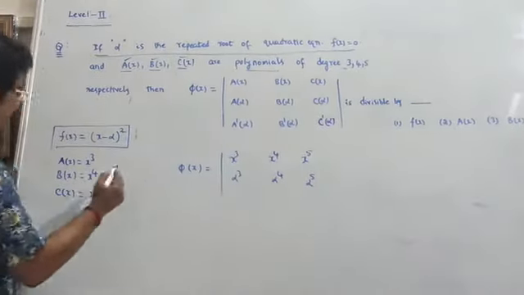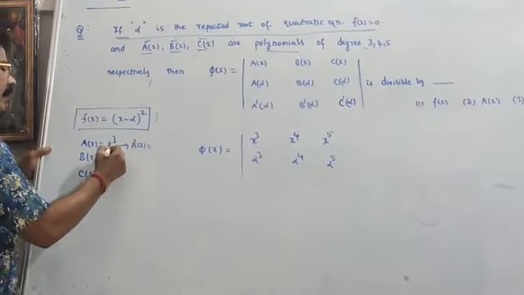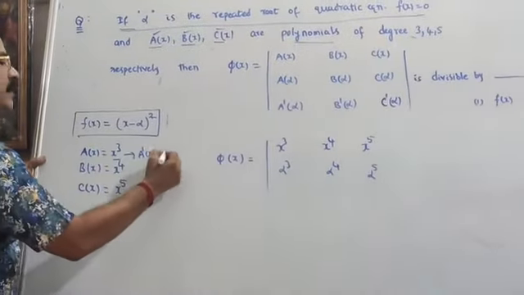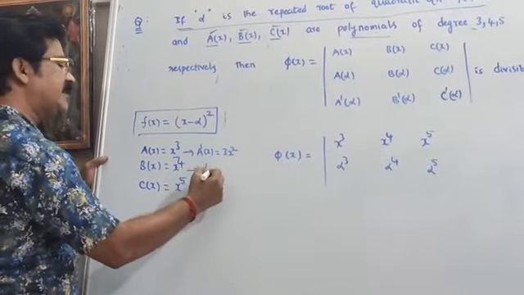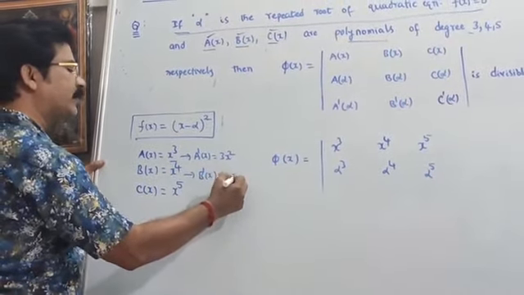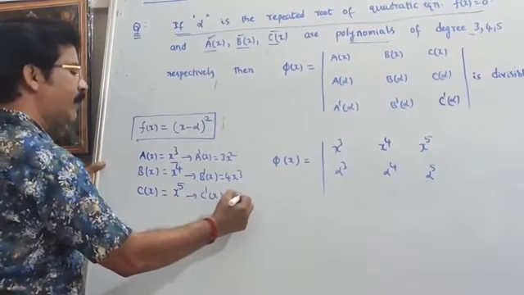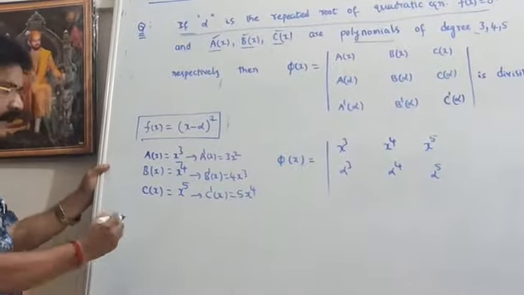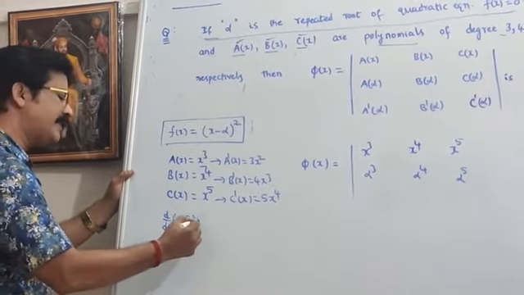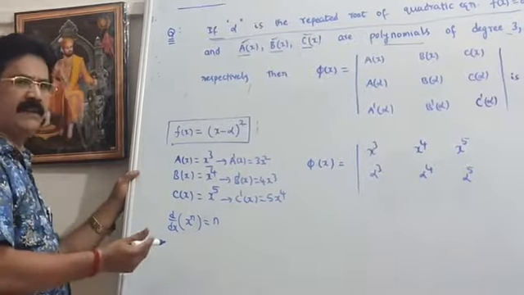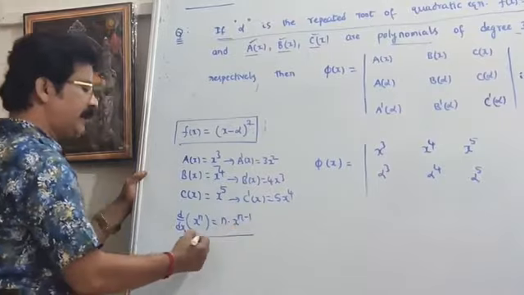Next, A dash means what? Here A dash of x means the first derivative. Differentiation of x cubed is 3x square. Next, B dash of x equal to 4x cubed and C dash of x is equal to 5x to the power of 4, because d by dx of x to the power of n is equal to n into x to the power of n minus 1.